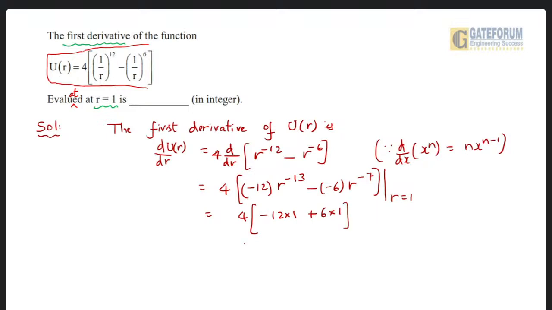So this simplifies to minus 24. This is also represented as u dash of r. We can denote it like this also. Okay, so the answer is minus 24. This is the end of the question.